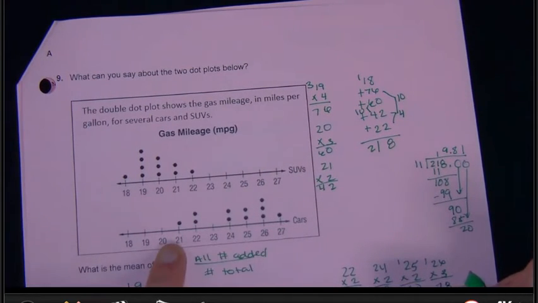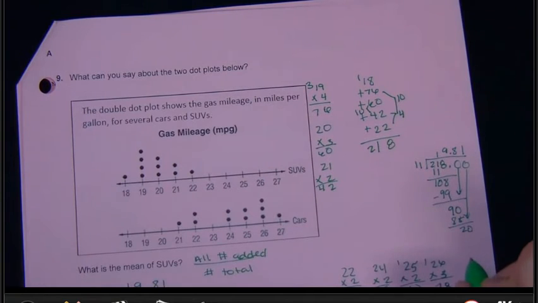And let's see, I have 127 and 121. So I'm going to have 78, 50, 48, 44, 27, and 21.